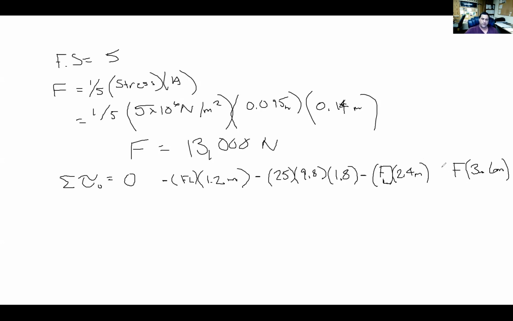But that one is going to create a counterclockwise rotation, so that's positive. And this whole thing is going to be equal to 0. So if I solve this, I get an FL is equal to 13,000 newtons.